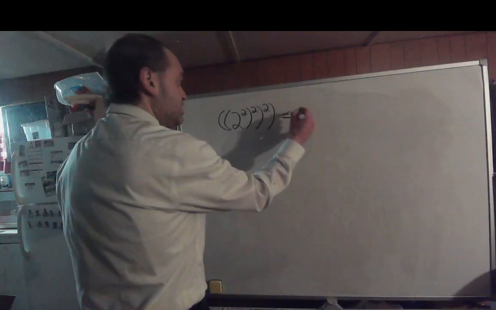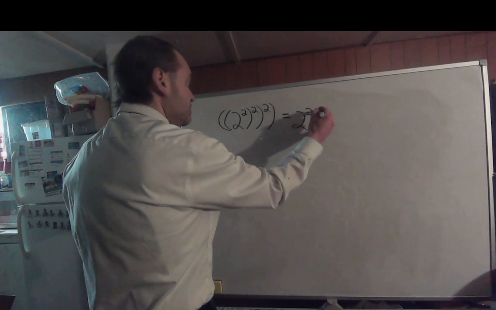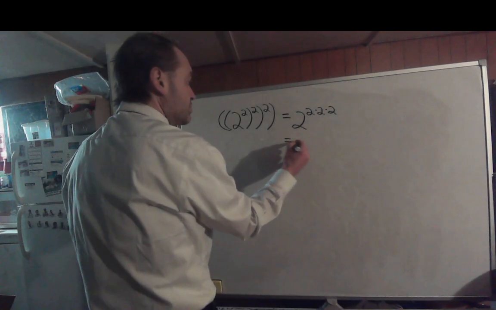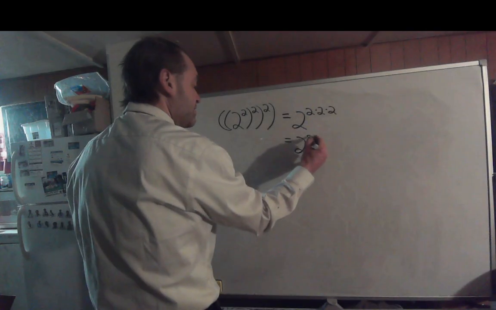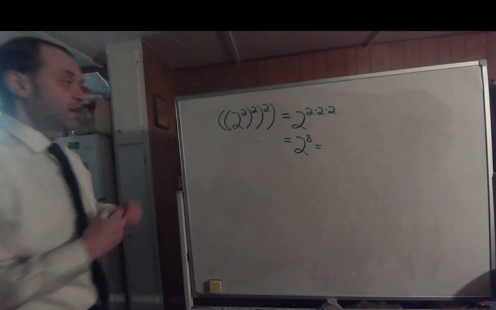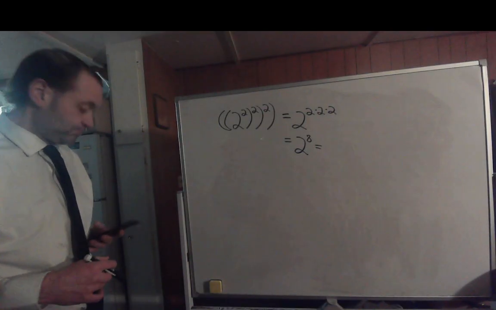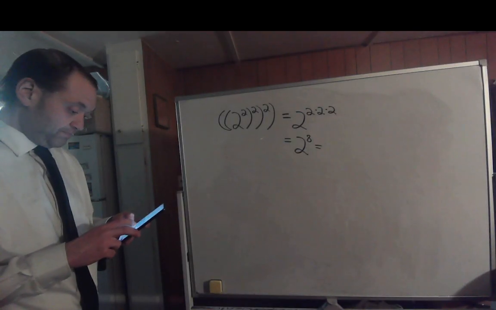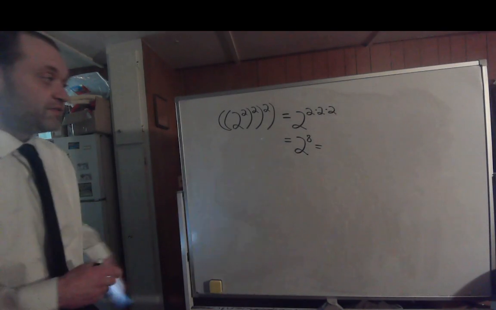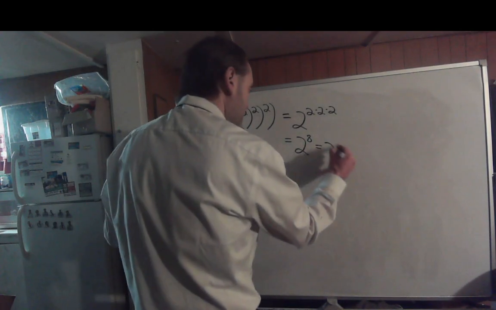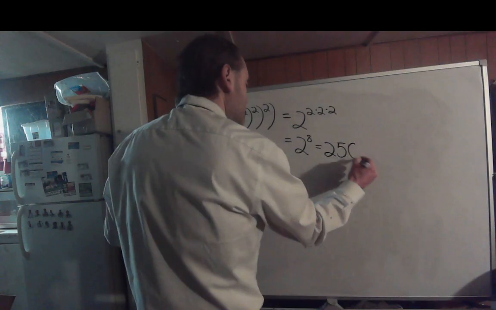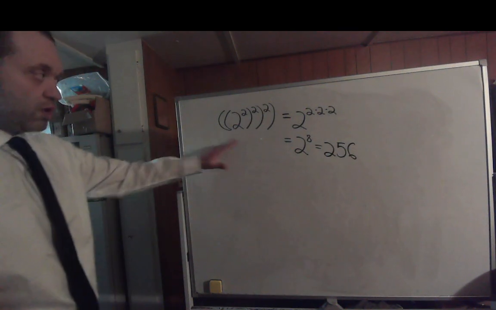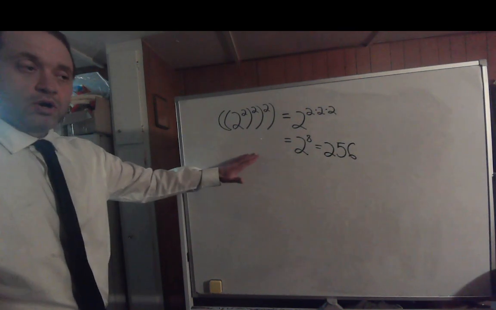That would end up being 2 to the 2 times 2 times 2, which would end up giving you 2 to the 8th. Let's figure out what 2 to the 8th is. It's 256. So that is a normal raising a power to a power.